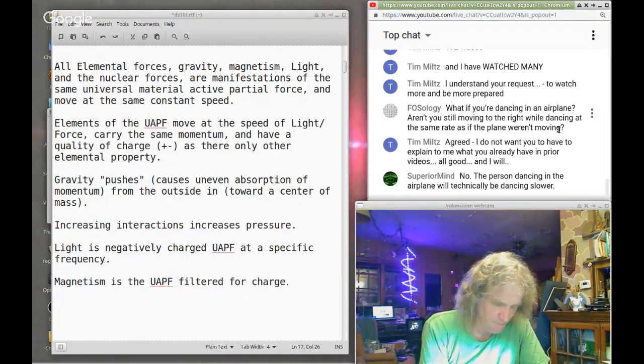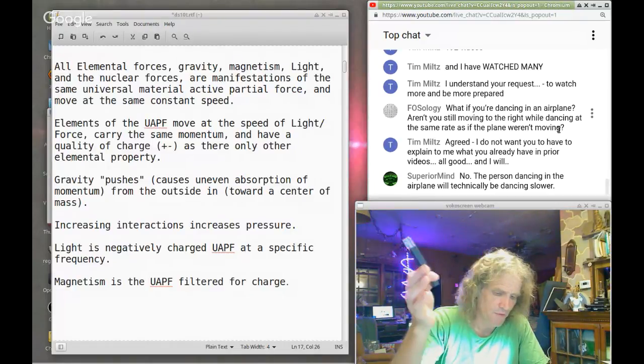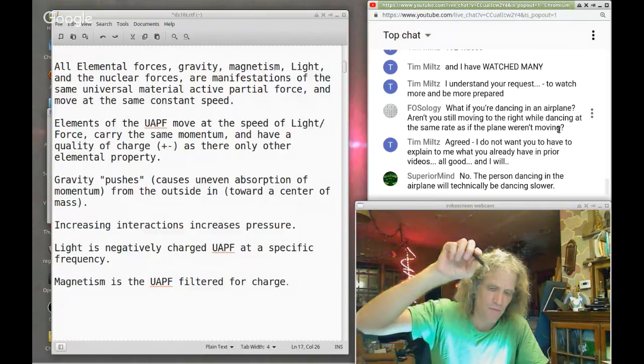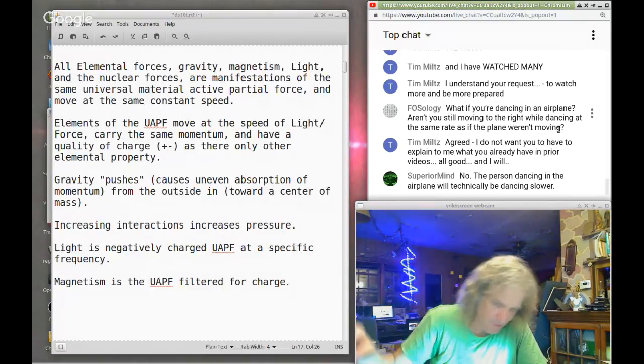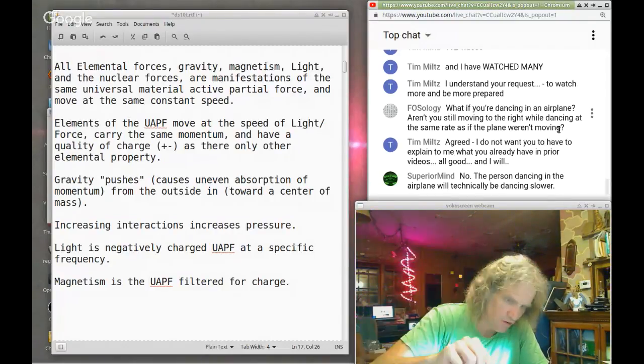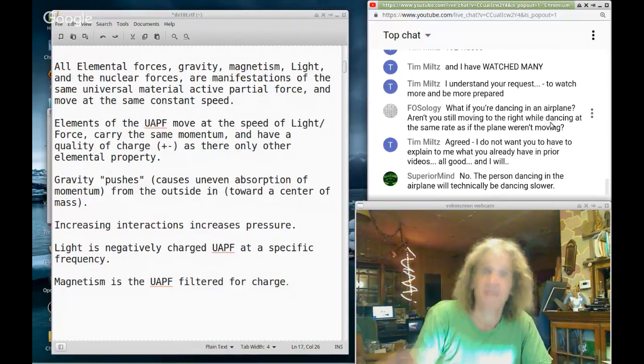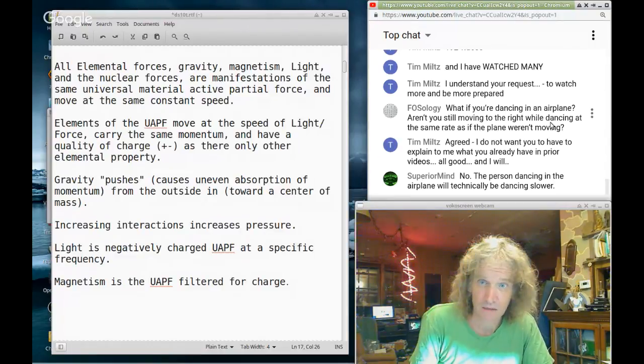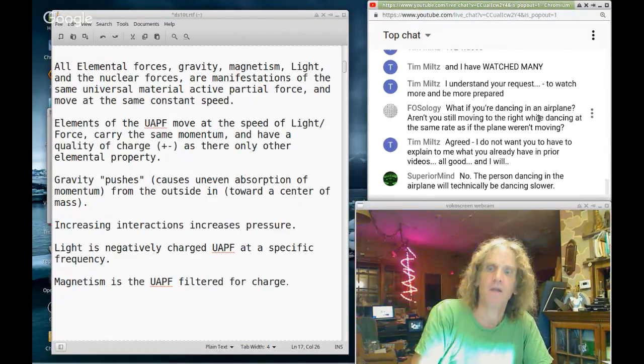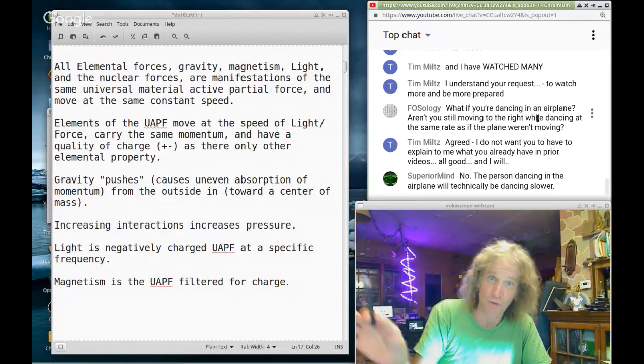Clearly, you have to recognize the difference between motion that you have to create versus motion that the ground is creating for you, that some other mechanism is creating. The argument is the atom has to move.